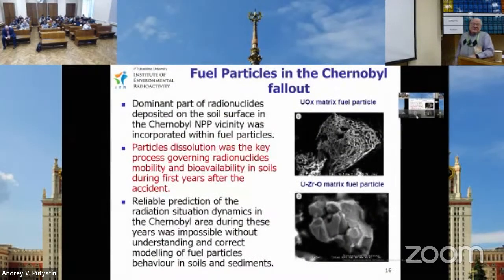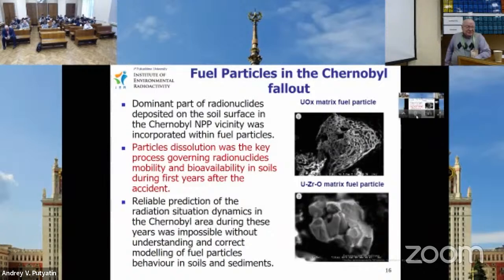And here you can see the fuel particles in the Chernobyl fallout. These are electron microscope images of nuclear fuel particles. The dominant part of radionuclides deposited on the soil surface in the Chernobyl nuclear power plant vicinity was incorporated within these fuel particles.